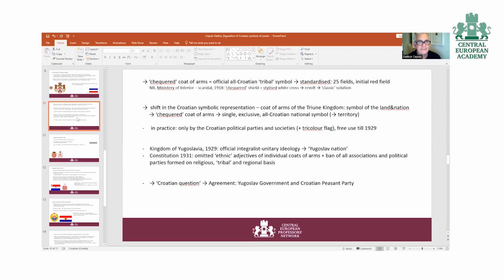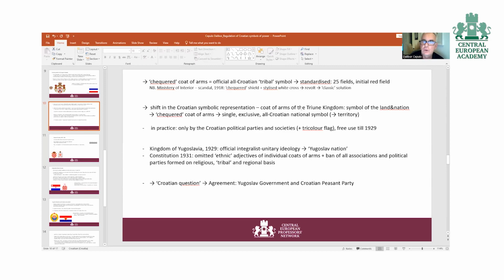This was quite an important thing, because for the first time the Croatian checkered coat of arms, already used as the Croatian national symbol, was accepted as the national, tribal symbol of the land, officially standardized with 25 fields, with the initial red field, and so on.